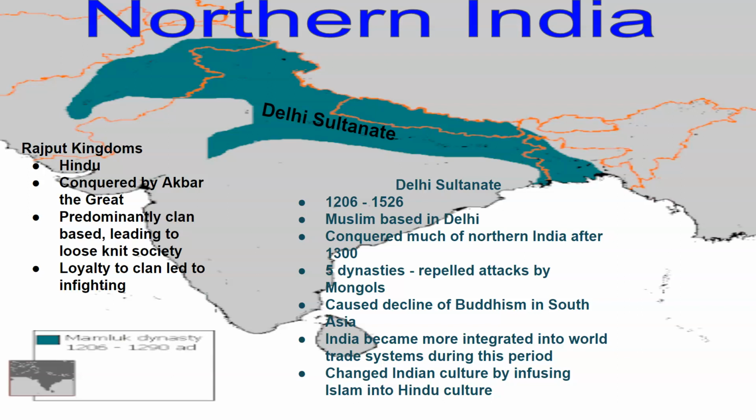Under the rule of the Delhi Sultanate, India becomes more integrated into the world trade systems during this period, and Islam begins infusing into the culture, and you begin to have a lot of cultural blending during this time period.